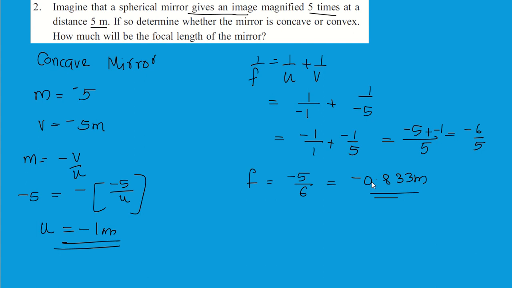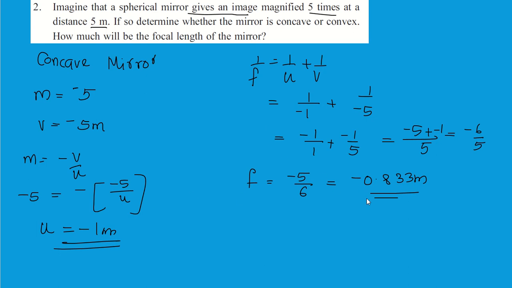So this is a concave mirror and we got our focal length as a negative value. Now we have to check whether it's a correct answer or not. How do we check that? Focal length is 0.833. 2 times focal length is going to be somewhere 1.6 something, right?